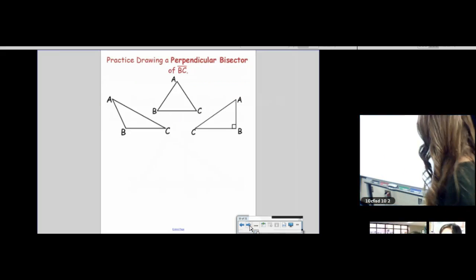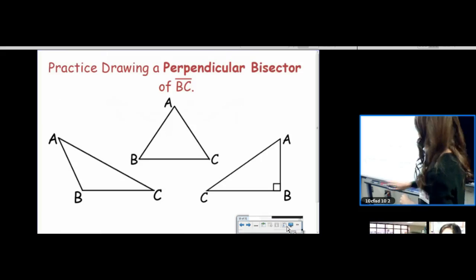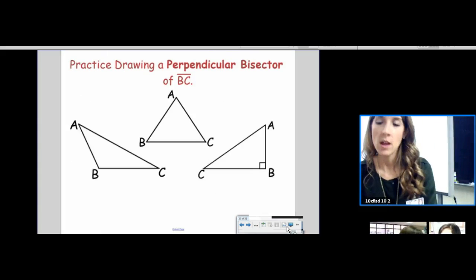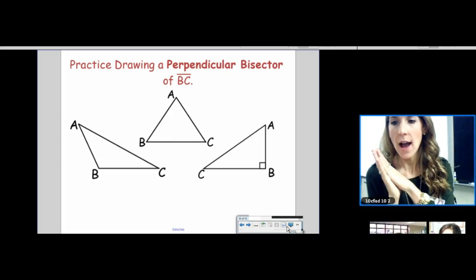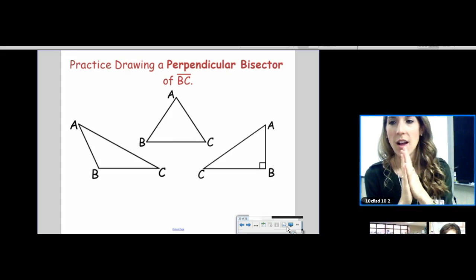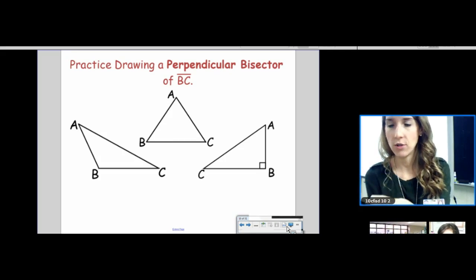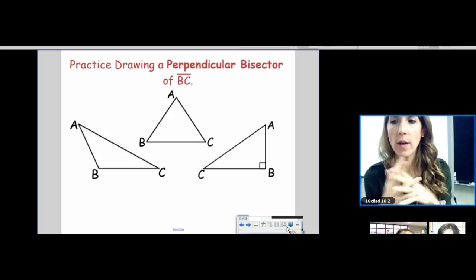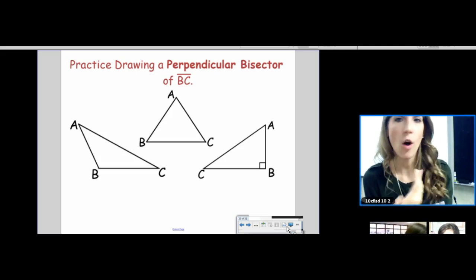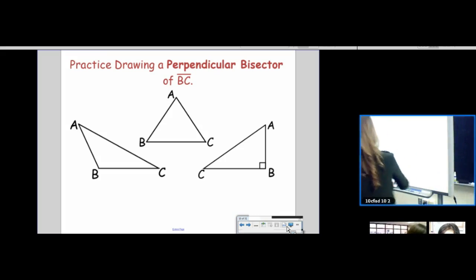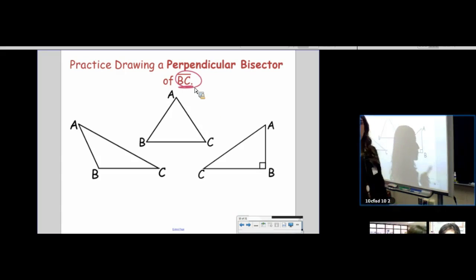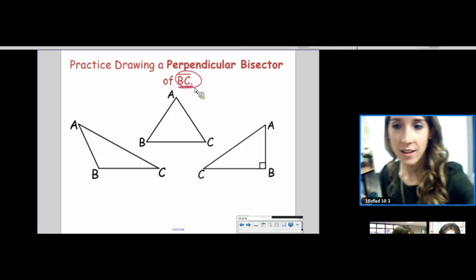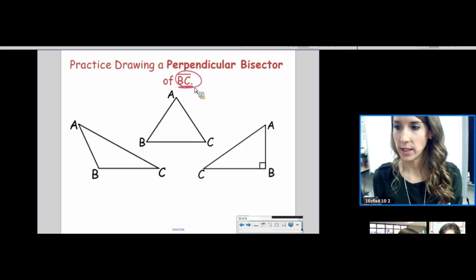Okay, so on this slide, you're not doing this slide in your notes, so you can just watch for this one. On this slide, I drew three different triangles specifically. I drew an obtuse triangle, I drew an equilateral triangle, and I drew a right triangle. I want to show you what the perpendicular bisector looks like in all different cases. So it says draw the perpendicular bisector of BC. So how would we begin? We would begin by finding the midpoint of BC.